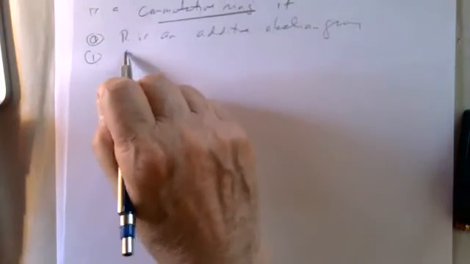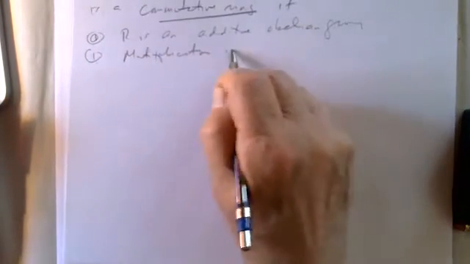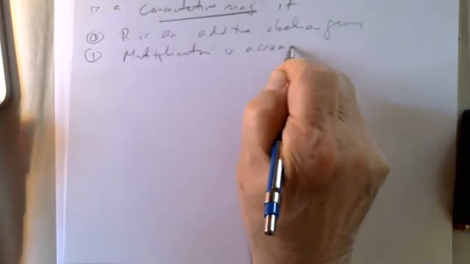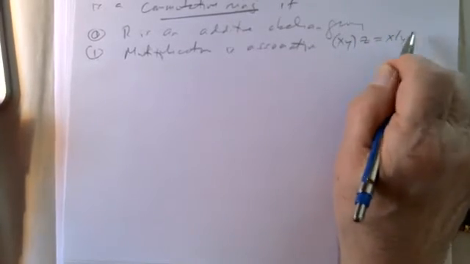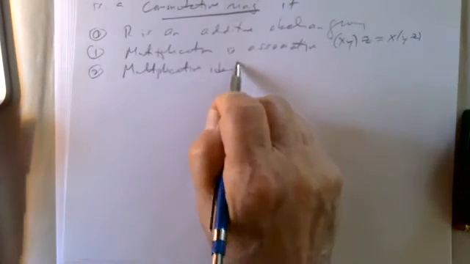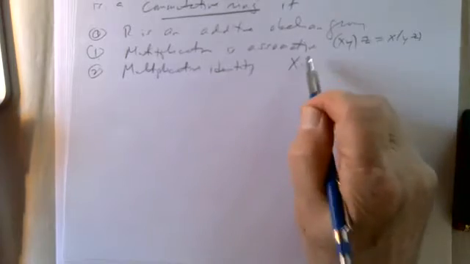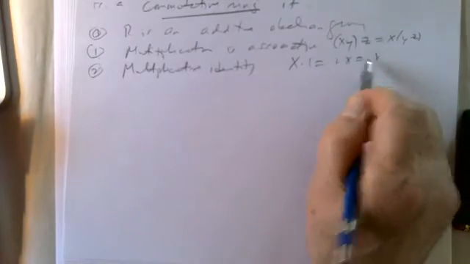Next, multiplication is associative. That means for any 3 elements x, y, and z, (xy) times z is x times (yz). And there is a multiplicative identity. Let's just call it 1, where x times 1 and 1 times x is equal to x for all x.